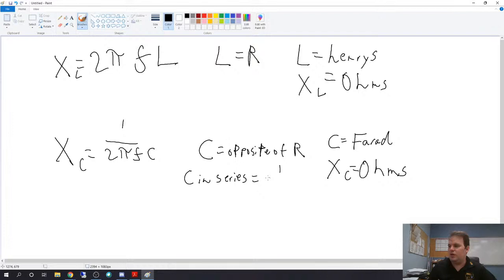So 1 over C1 plus 1 over C2. C in parallel is C1 plus C2.